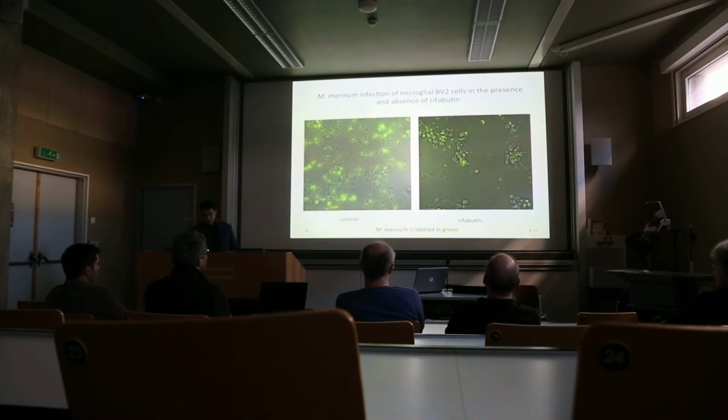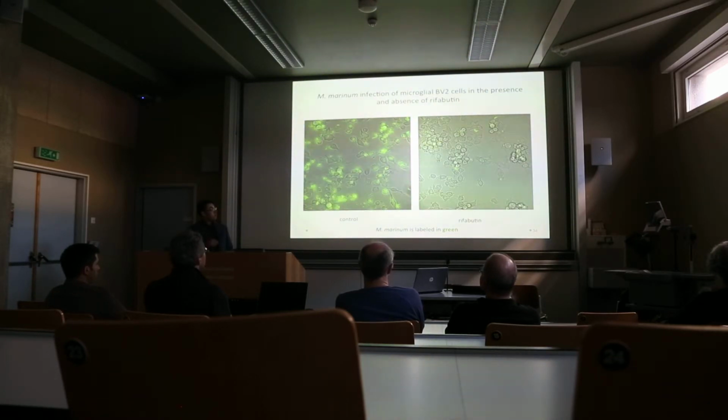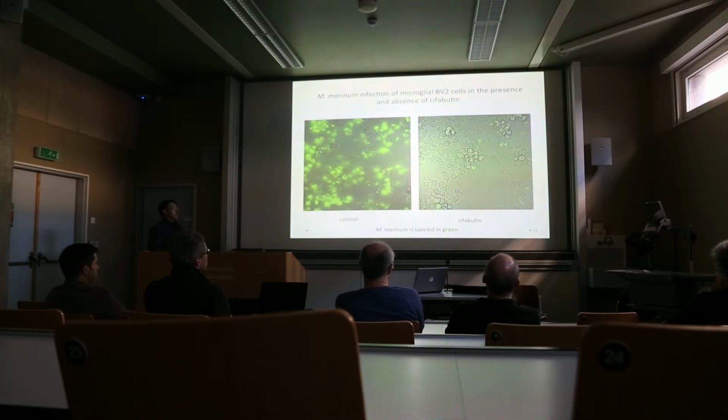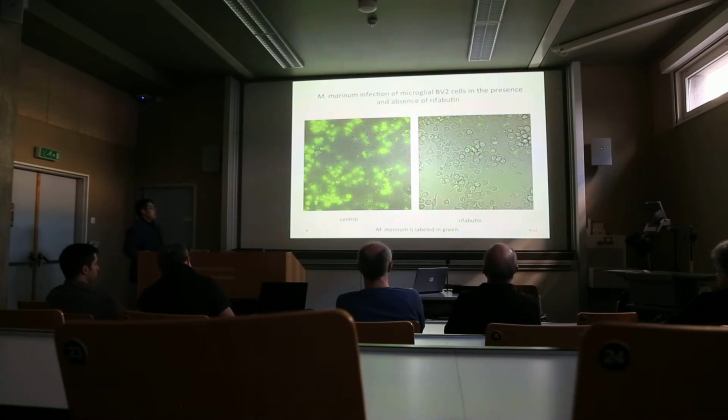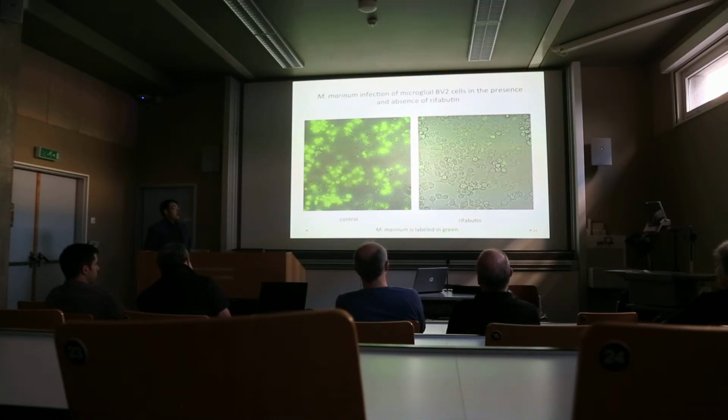But if we look at the antitubercular compounds, like rifabutin, we observe no increase of the fluorescence. That means that there is no increase of the bacteria numbers. At the same time, we see that the cells are feeling fine. We don't observe much of the cytotoxic activities, and we are really interested in the compounds that display such kind of activities.